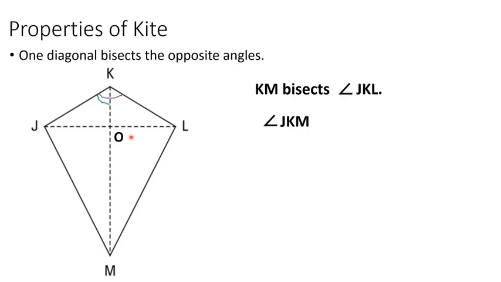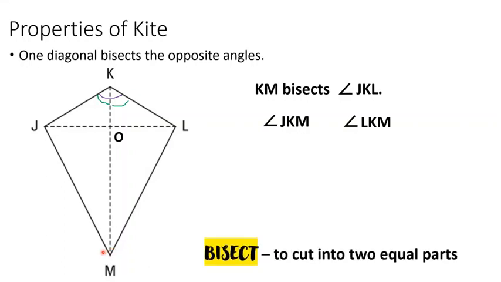And the next angle is angle LKM. So ito naman yung angle LKM. Now, since KM bisects angle JKL, therefore angle JKM and angle LKM are congruent.